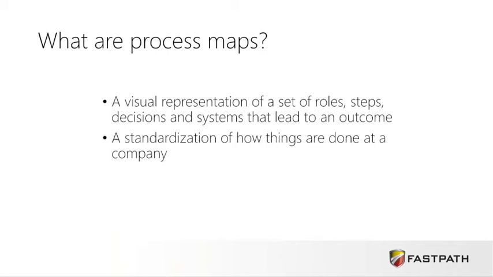So one of the advantages of building a process map is you have quality control, and you can also scale. So what might work for one of your salespeople, or what's being successful when you're a small company, right? When I was the only salesperson at FastPath, I could do pretty much whatever I wanted, right? But when we did scale the team, my process may not completely work for everybody else, or me trying to walk everybody through and verbalize that to people was very difficult to teach them.